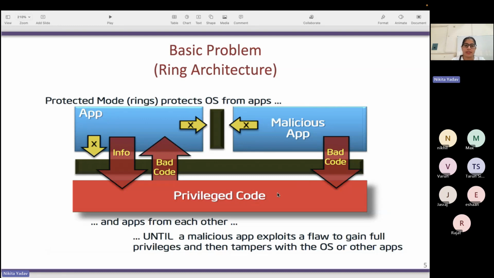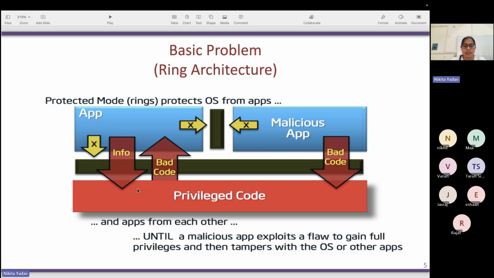So if the OS is corrupted, and if it is able to inject code in the OS, those kinds of attacks, when you add malicious code in the OS, that's usually called a rootkit. Okay, so if it is able to add malicious code into the OS, then basically this application can try to escalate its privileges and can try to run as a privileged process.